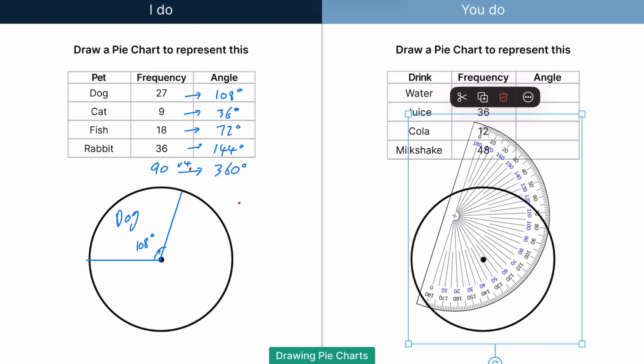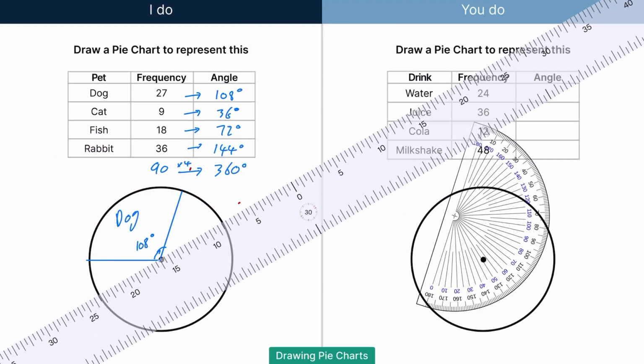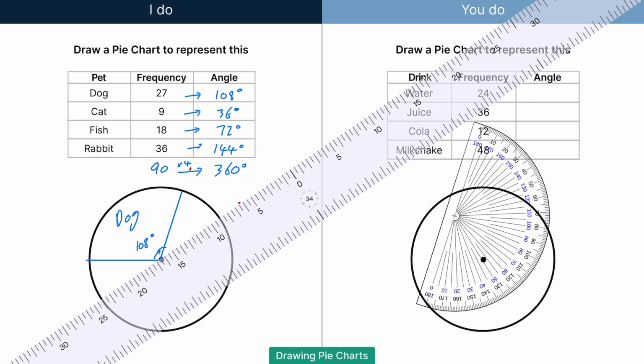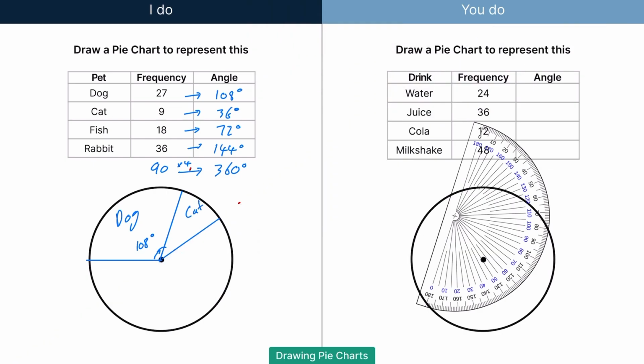And again, move that to the side, bring my ruler back in, grab my pen, and we are going to draw a line from the center, looking at where the dot is. Perfect. And draw the line. Now this is cat, and as an angle, this is 36 degrees.